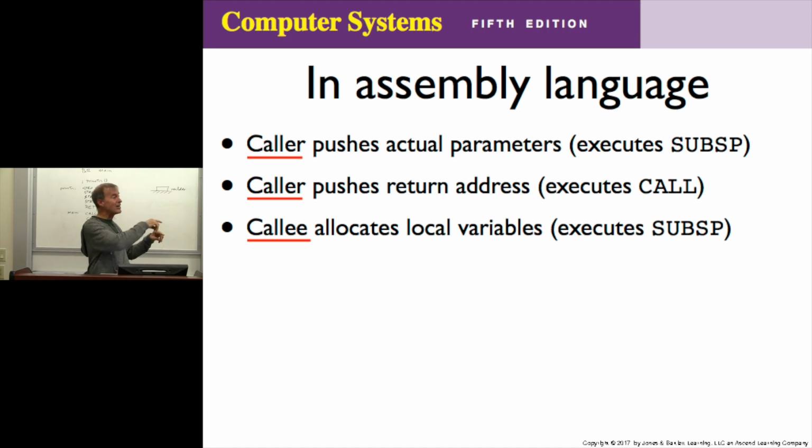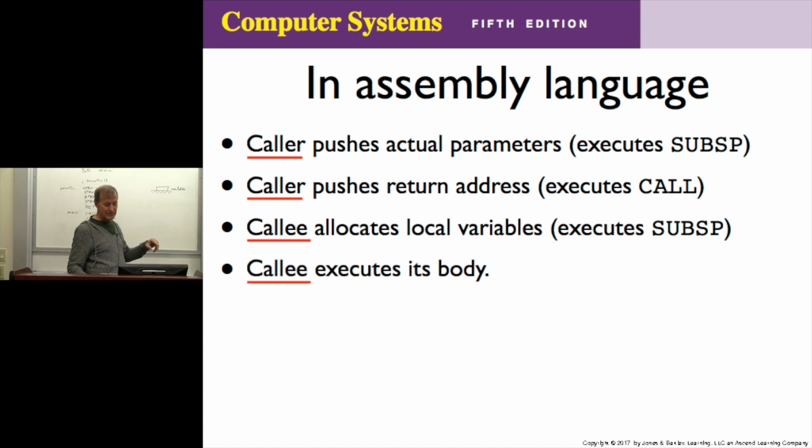That's the callee's responsibility for allocating. The code for that is up in the callee. Are you with me, sports fans? Okay? So the callee allocates the locals. Now those three things are on the runtime stack. So now the callee executes its body.